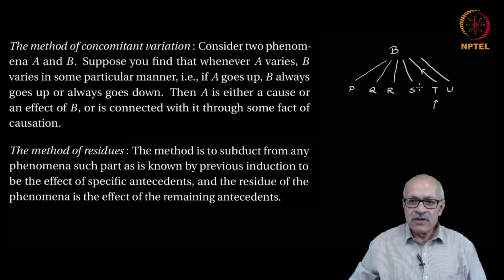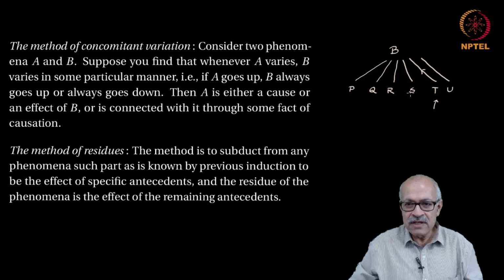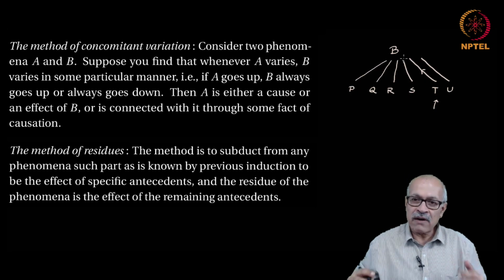In what sense residue? Because all the other elements prevailing in the antecedent situation could not have caused B. From our earlier knowledge, we know that these could not have caused the event B. So, you have to subduct from any phenomenon, the phenomenon is B, such part as is known by previous induction to be the effect of specific antecedents.